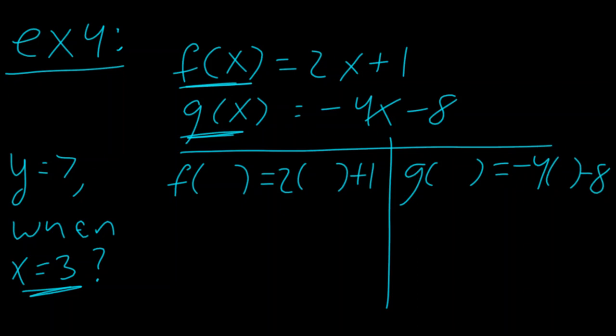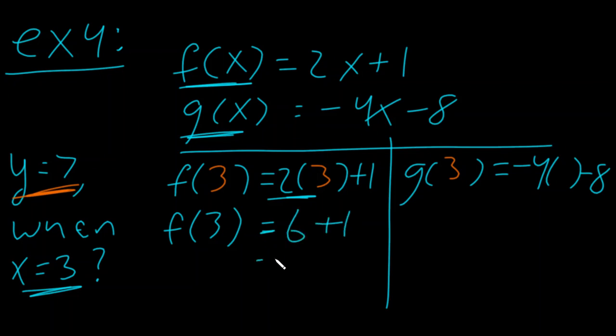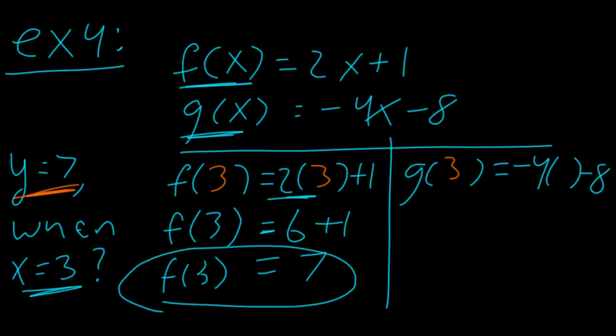And in both of these cases, we are simply going to plug in a 3. And we want to figure out which one of these will give us an output of 7. Okay, so let's go through. So we have f of 3 is equal to 2 times 3. We know that that is 6. We drop the plus 1. And of course, what is 6 plus 1? Well, that is 7. So it looks like right now our answer is going to be f of x.